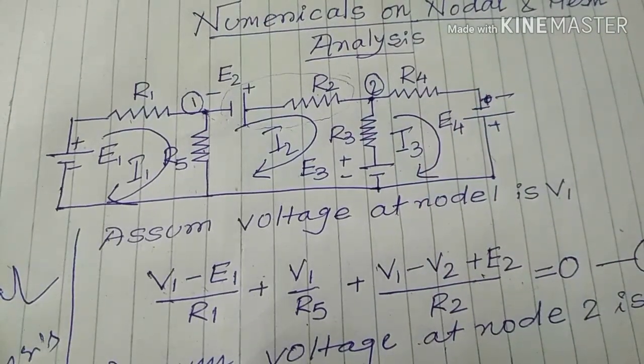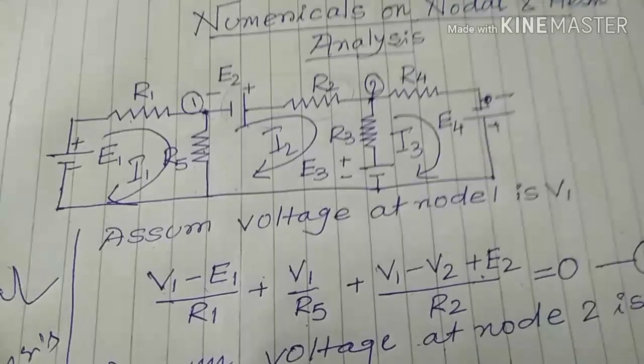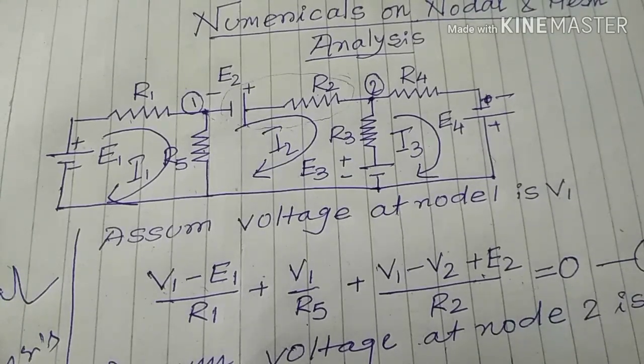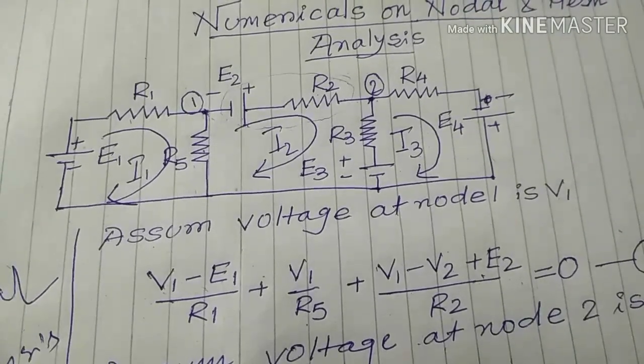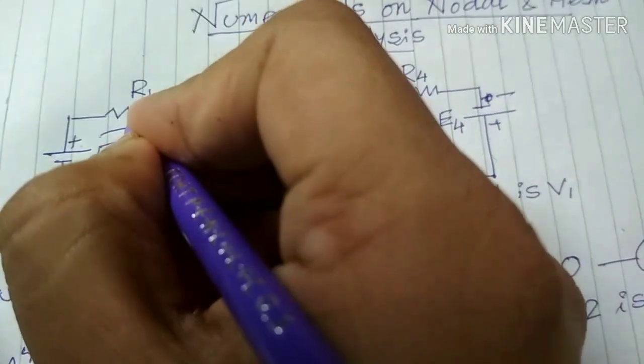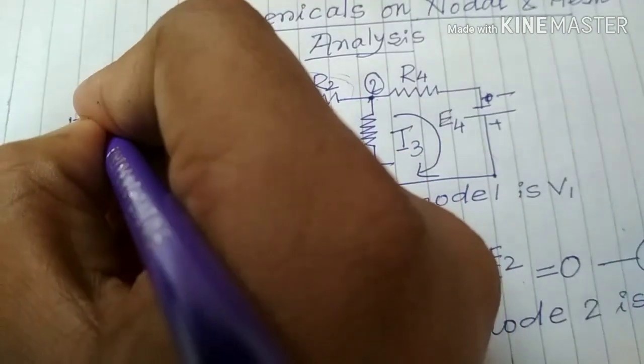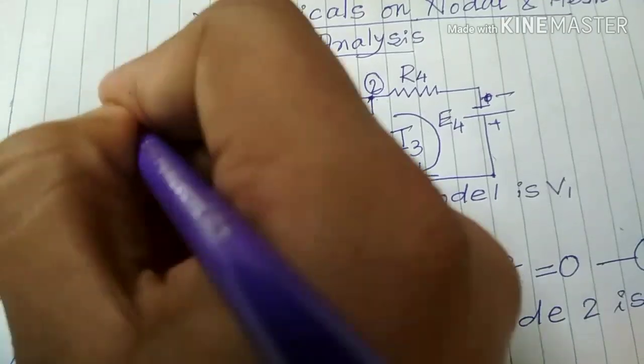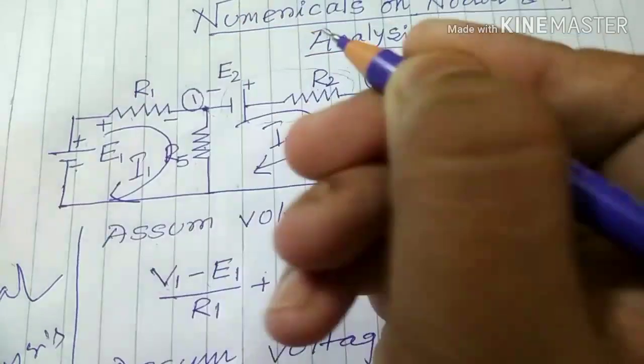So now we state the equations for mesh analysis. We denote the polarity of the resistances as per the current flow. This one is minus to plus, and as the current flows in this direction, this one is plus to minus.